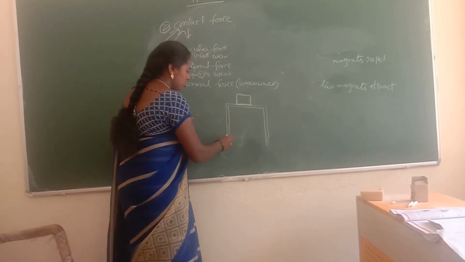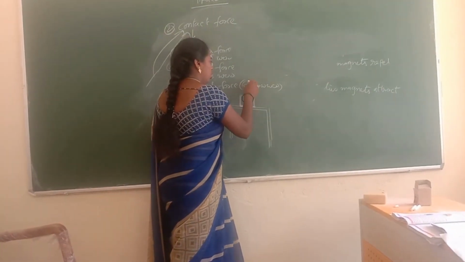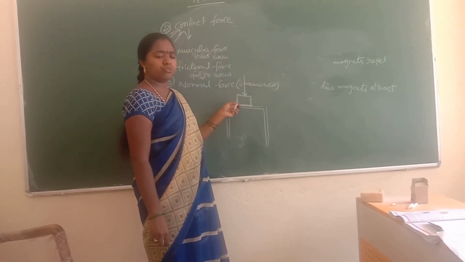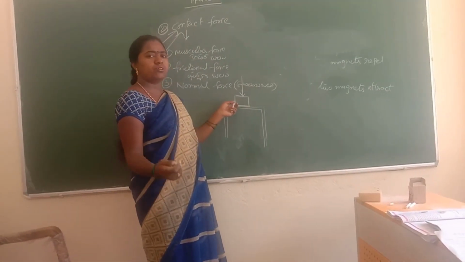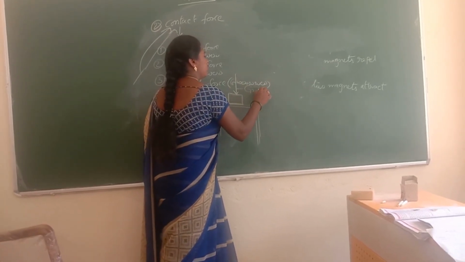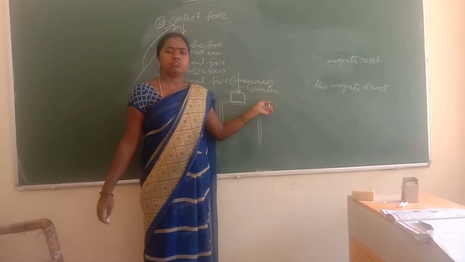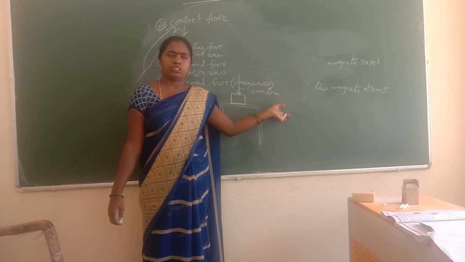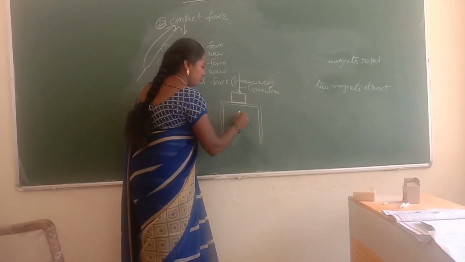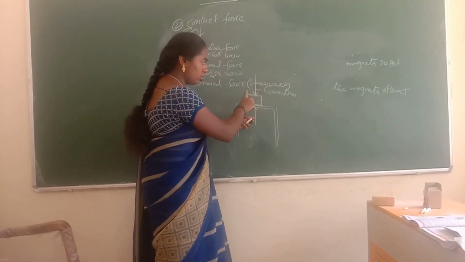In the downward direction, one force is acting on that body. Which force? Yes, very good. This is the gravitational force, always in the downward direction. At the same time, in the upward direction, one force is acting on that body.